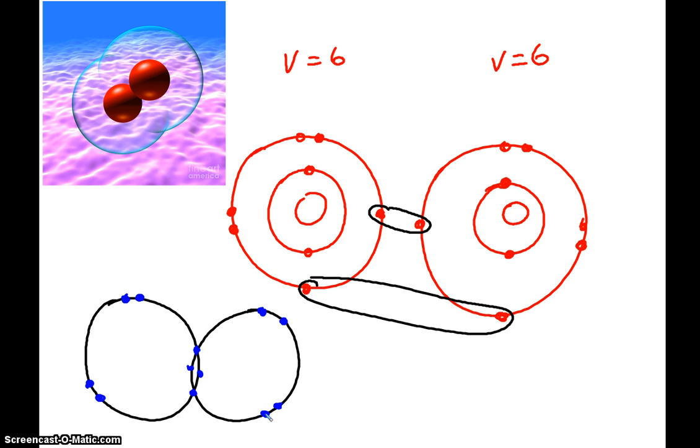If we look at each individual oxygen, we have 1, 2, 3, 4, 5, 6, 7, 8 for the one on the left, but we also have 1, 2, 3, 4, 5, 6, 7, 8 electrons for the one on the right. So by sharing, they each achieve their octet in that way.